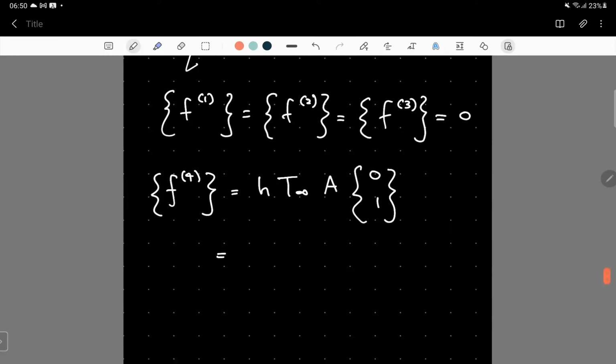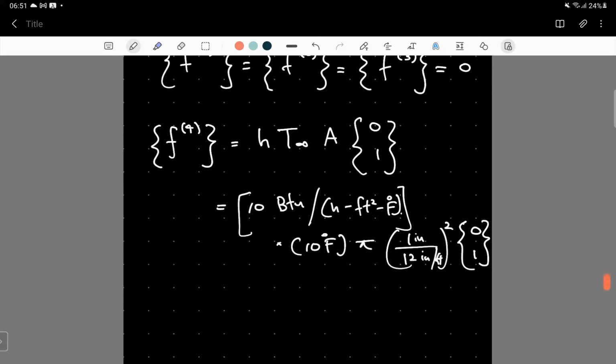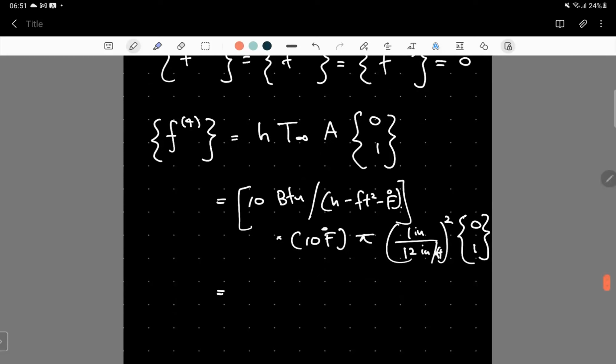If we substitute the values, we get 10 British thermal units per hour feet squared per Fahrenheit times 10 Fahrenheit degrees free stream temperature times pi r squared multiplied by the column vector. Once you do the math, you would get 2.182 as the answer for the force matrix of the fourth element.